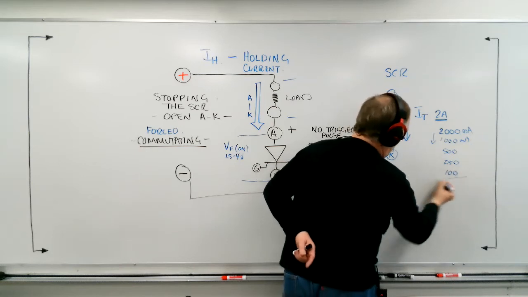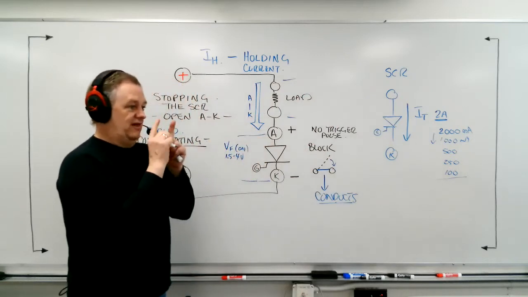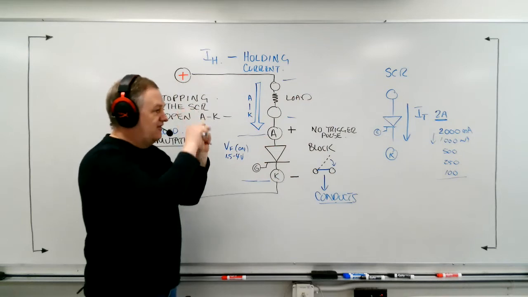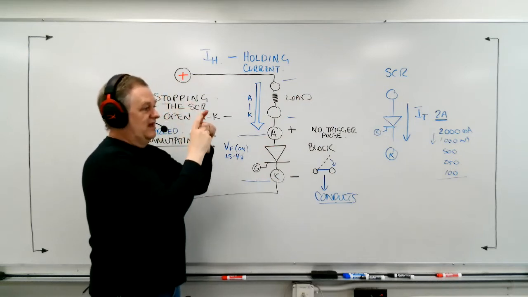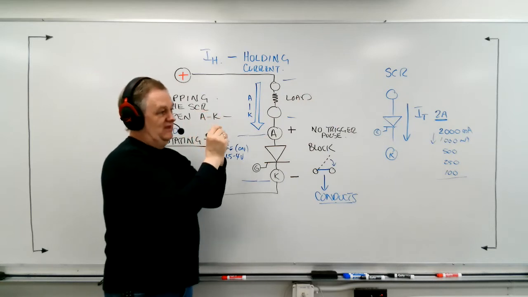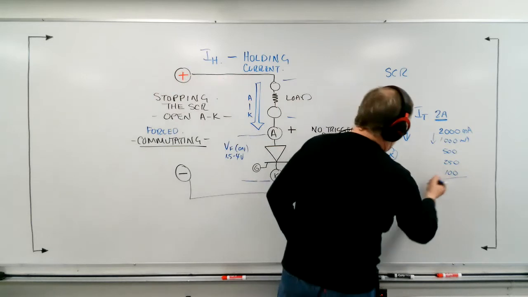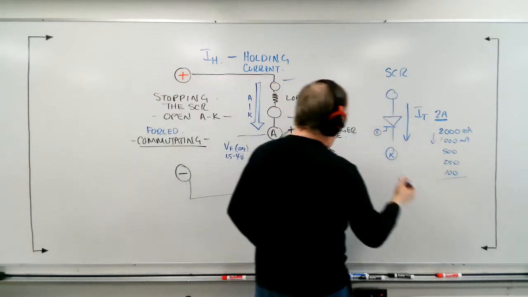At some point, we're going to reach a current level, and that holding current is the amount of current that has to be going from A to K that will satisfy both bases and keep everything latched in. Just for an example, let's say this one is 75 milliamps.